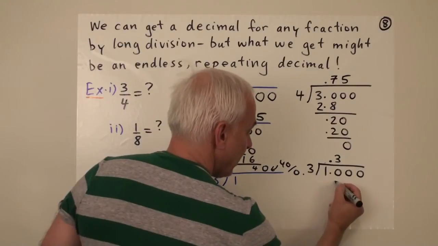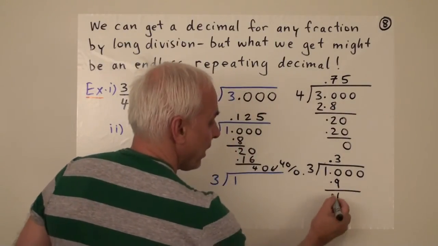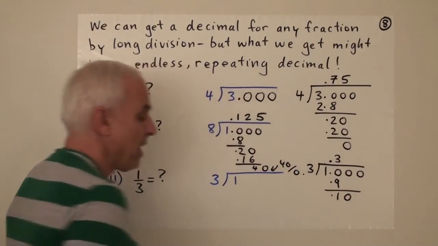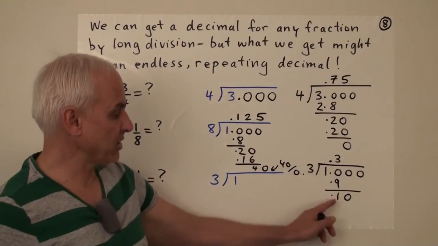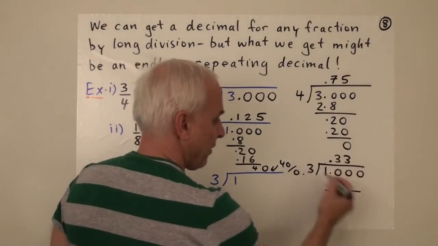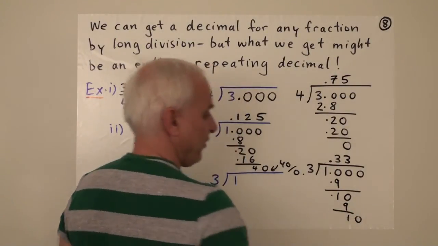3 times 0.3 is 0.9. Subtract, we get a 1, actually a 0.1. Drop the next 0 down. We're exactly in the same position as we just were. How many 3s go into 10? 3. 3 times 3 is 9. Then we drop down, we get another 1. Then drop another 0.